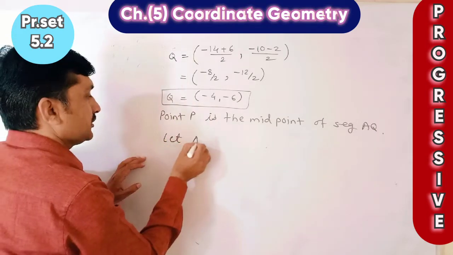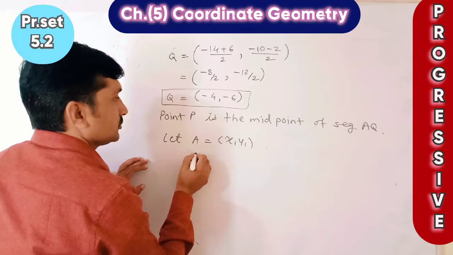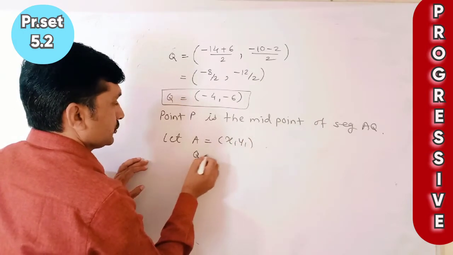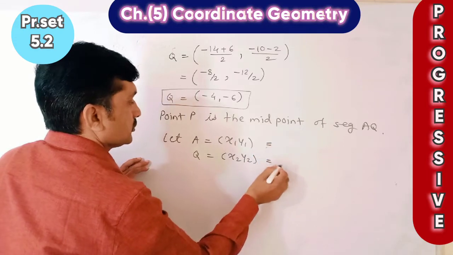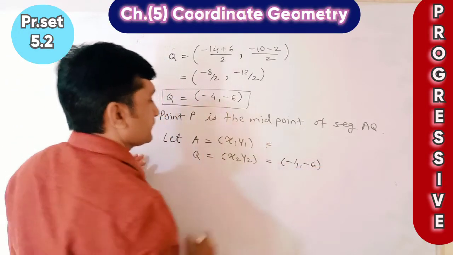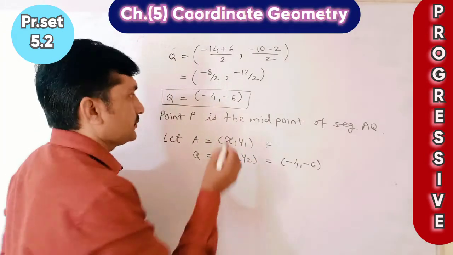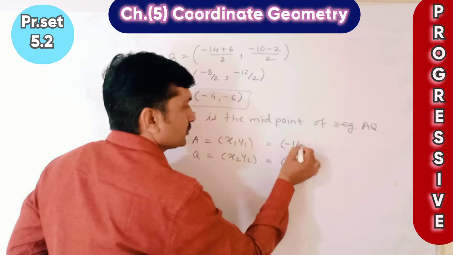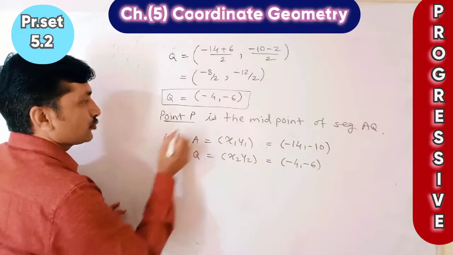Let A be (x1, y1) and Q be (x2, y2). Now Q we got (-4, -6), and the coordinates of A are given as (-14, -10). Point P is the midpoint.